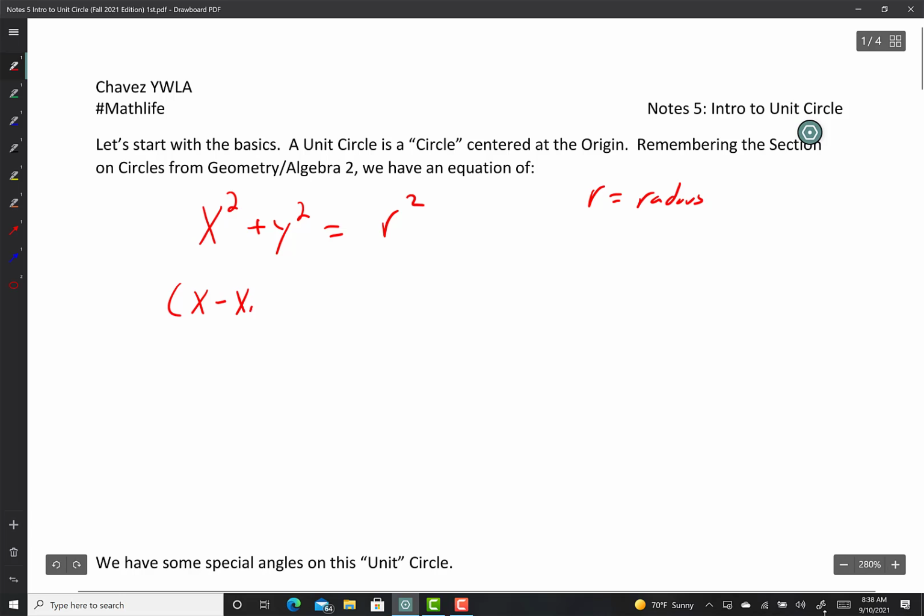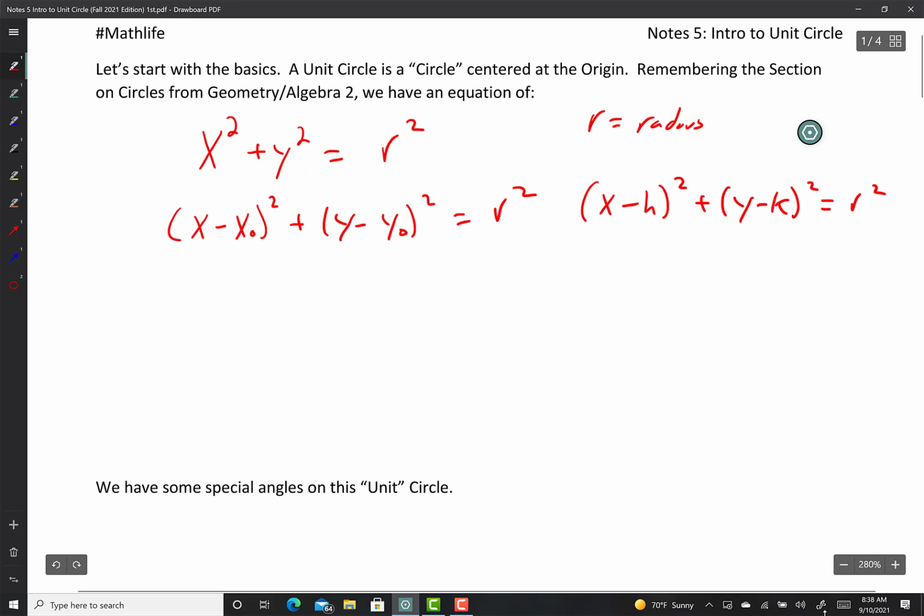You might have seen it like this: (x minus x naught) squared plus (y minus y naught) squared equals r squared. Or, depending on the textbook, (x minus h) squared plus (y minus k) squared equals r squared. And there's one more.